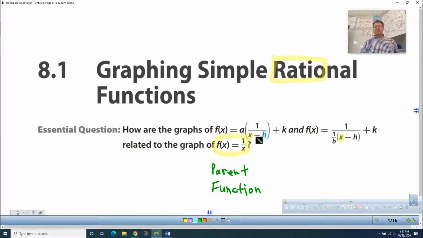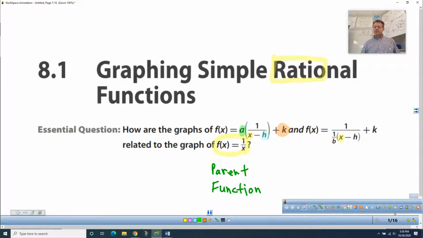And then over here, we've got this k hanging out on the outside. That's going to move whatever shape it is up and down, just like it has with parabolas and cubics and other things as well. That hasn't changed. And then this a in front, what in the world is that going to do? Well, that's going to stretch or compress the graph, okay? And then the 1 over b, same idea, except we're going to go sideways with those. More focused on the vertical.